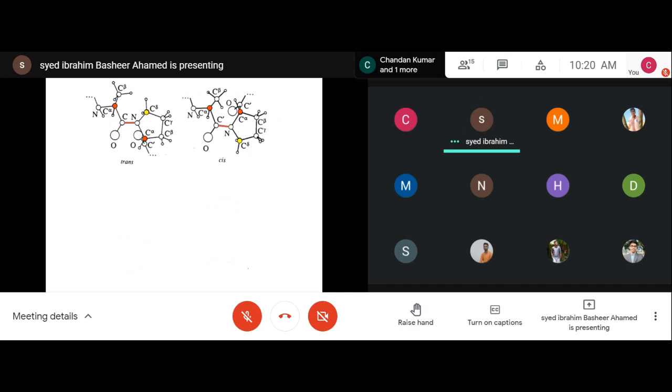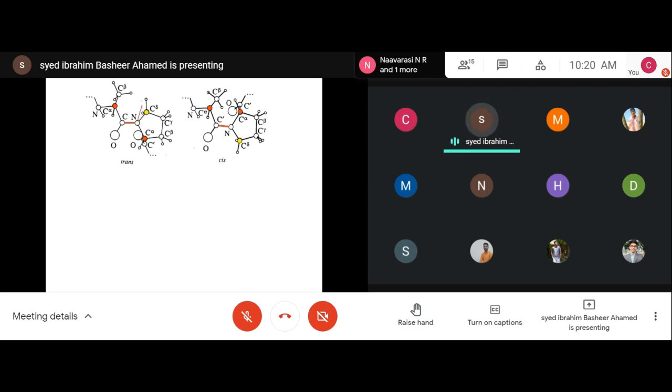Where you have a proline residue, right? You see this proline residue. This is the C alpha atom, and the side chain coming over here, C beta, C gamma, C delta, makes a covalent bond with the nitrogen. This oxygen is here.